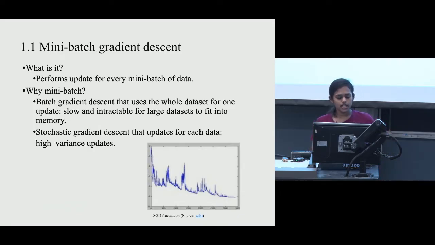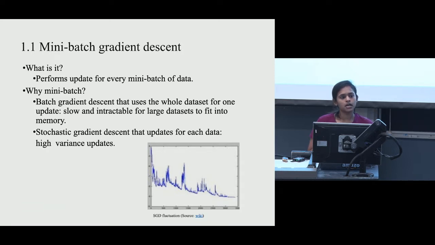In mini batch gradient descent, you perform an update for every mini batch of data, which is, you split data into small batches, and then you perform weight updates. And why is mini batch gradient descent useful? Because gradient descent uses the whole data set for one update, which makes the process very slow and intractable for large data sets.